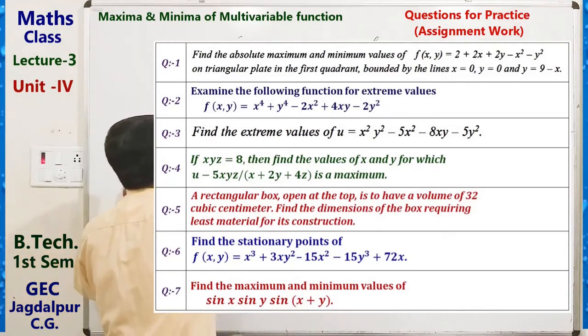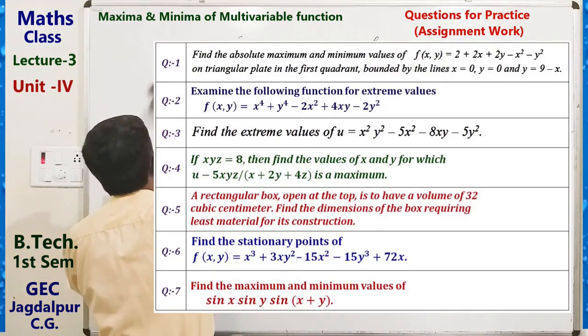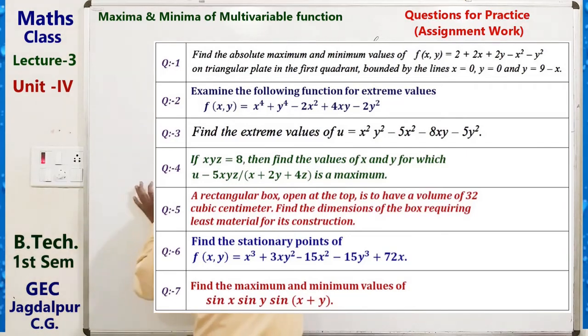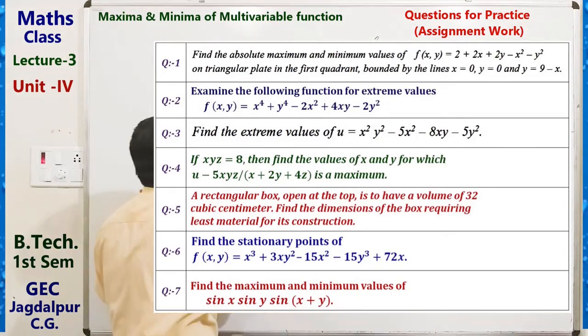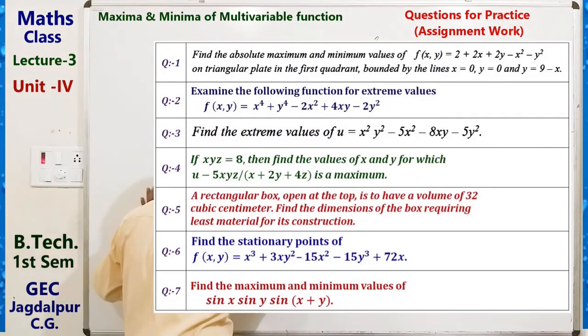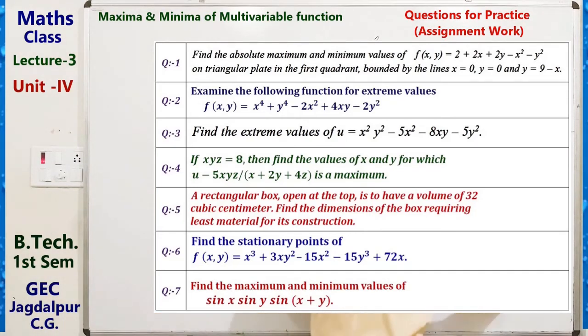Okay, so there is another method. I will discuss that in the next class, but now by using this technique, RT minus S square and the value of R, you can determine whether the function has a maximum or minimum using the condition. Okay, so here I will give some questions for your practice, so do it.